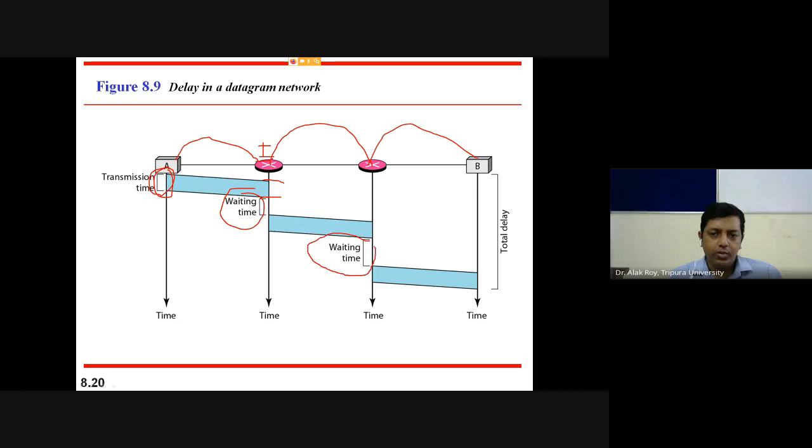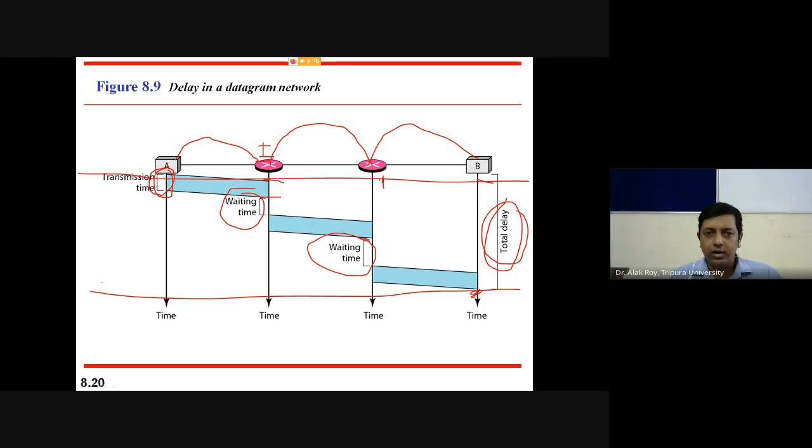Then waiting time, then switch 2 to B, and the actual data transmission time. So you start from point A and complete your data transmission at this point. This complete duration is your total delay for a datagram network.